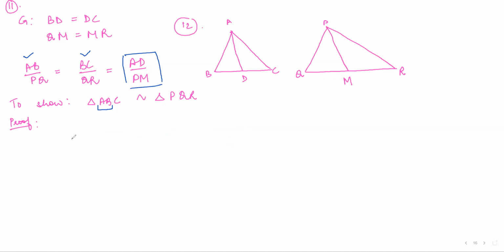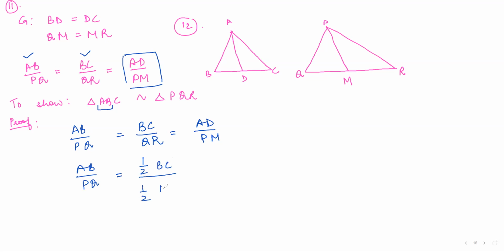Let us start from here, which is given. It is given that AB by PQ is equal to BC by QR is equal to AD by PM. If I do it like this, AB by PQ, and I'm dividing by half in the numerator and half in the denominator, no problem, same number I can divide and multiply.